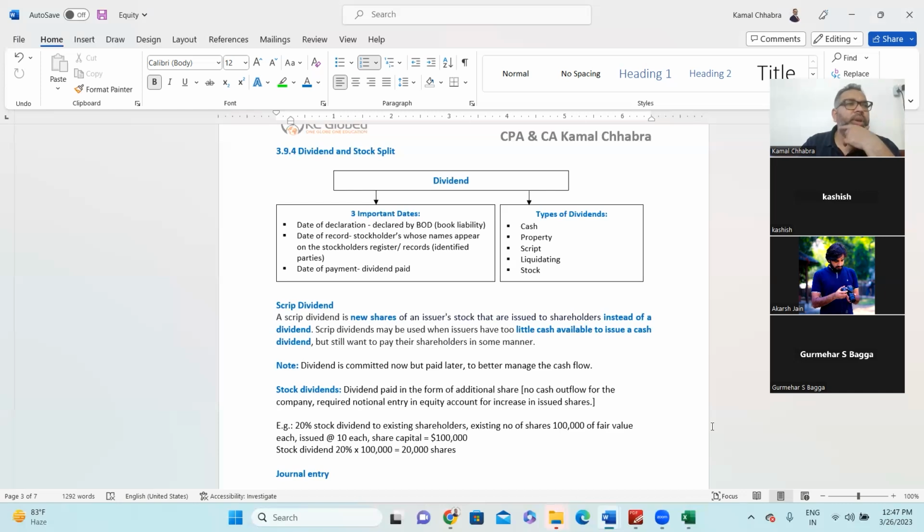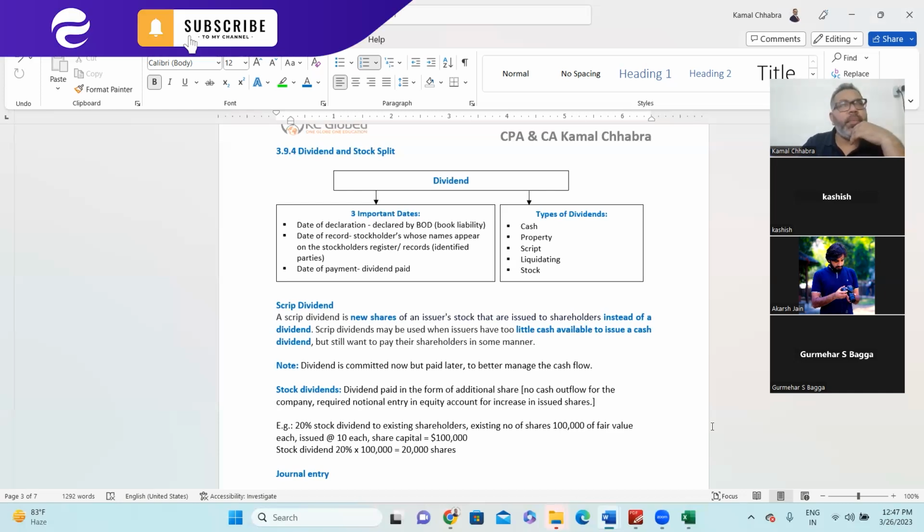So for example, let's assume the company has 1 million shares of $100 each. Total share capital is $1 billion. At the end of the year, the company wants to declare 5% as a dividend. So how much is it? 5% of 1 billion is $5 million.